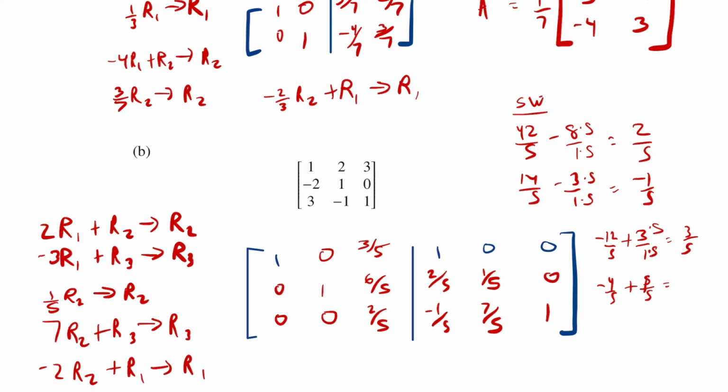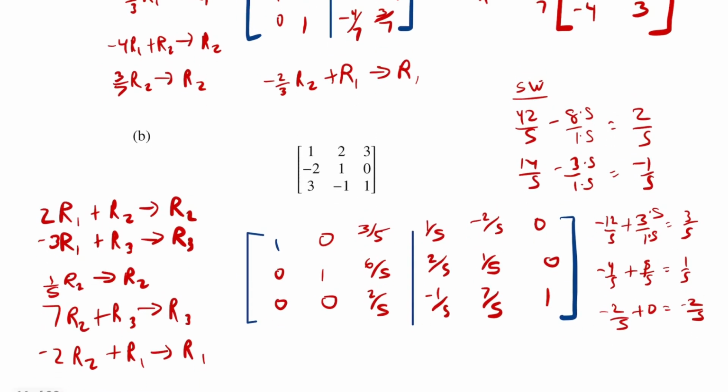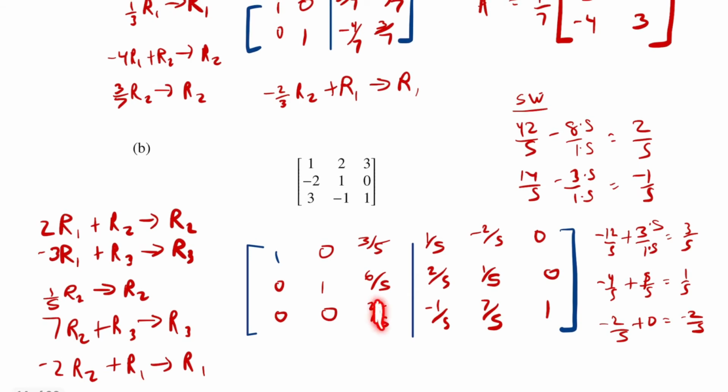All right, the next one's going to be negative 2/5 plus 0 is negative 2/5. And then the last one is going to remain unchanged because 0 plus 0 is 0. All right. Next step is to make this a 1. So let me just change this to red.